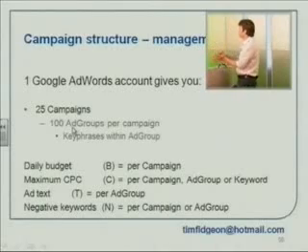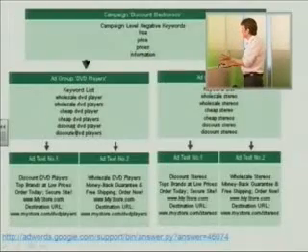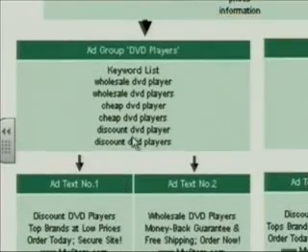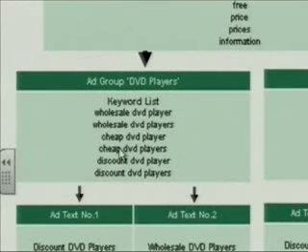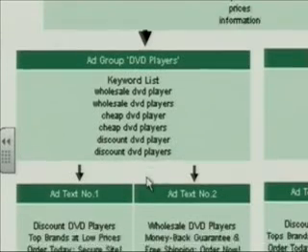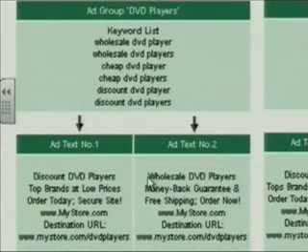The reason this is important is because this is the ad group, and let's say it's DVD players. It has all your DVD key phrases. The reason this is important is that when you write an advertisement in paid search, the advertisement is applied to everything in that ad group.